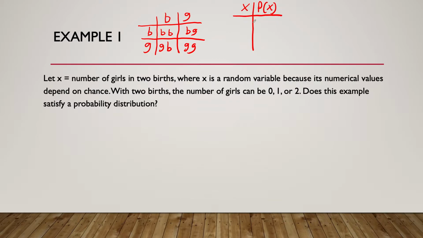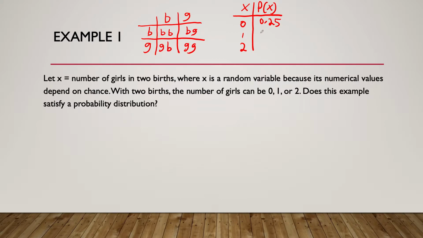So the values of the random variable can be 0, 1, or 2. And how many times does 0 occur in this table? Once out of a total of 4 options. So its probability is 1/4, or 0.25. For one girl to happen, that occurs twice in this table, out of a total of 4 options.